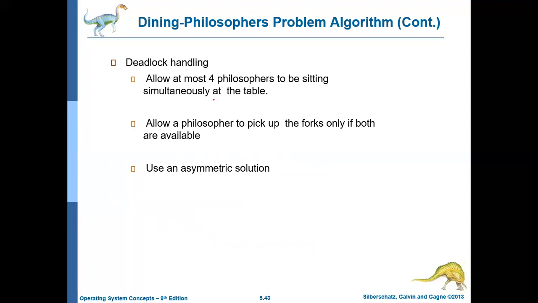So that's it about the classical problems of synchronization, and also that's it about this particular topic, process synchronization. Under process synchronization, first we discussed race condition. What is a race condition? Because of race condition, data inconsistency happens with respect to shared data.